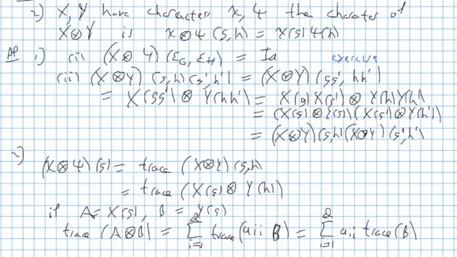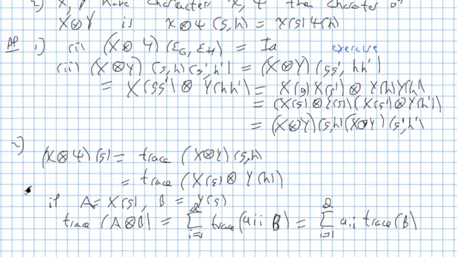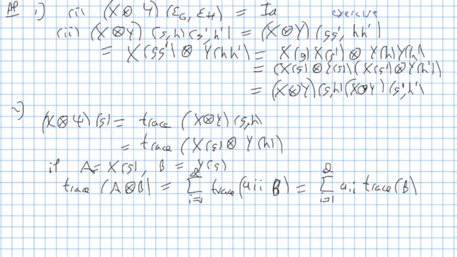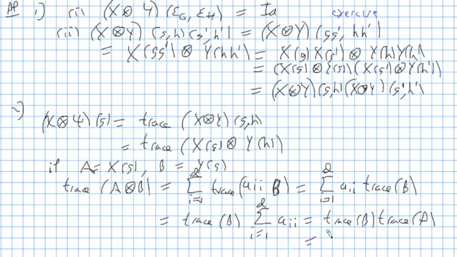Okay? So we can take the trace of B out, and we get the sum from I equals 1 to D of AII, and this would be the trace of A. So we get the product of the trace of B times the trace of A, and this would be the character psi of H, and the trace of A would be the character of G. Okay?